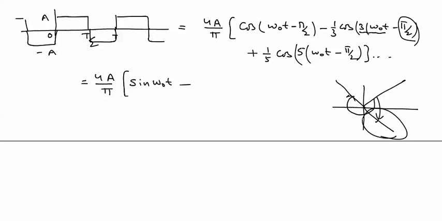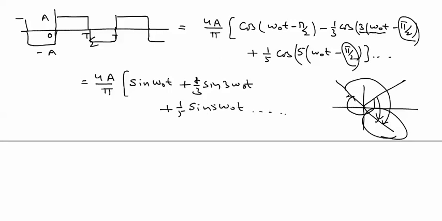Pi by 2 into 3 means 3 pi by 2. In this quadrant cos is negative, so 1 by 3 sine 3 omega naught t plus 1 by 5, pi by 2 one more from this location. Again cos is positive, sine 5 omega naught t and so on.